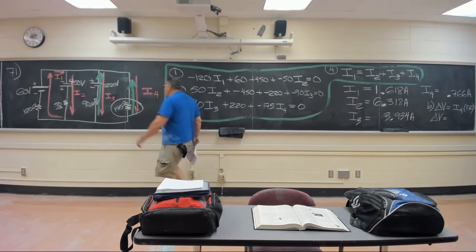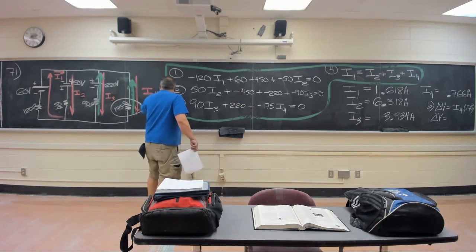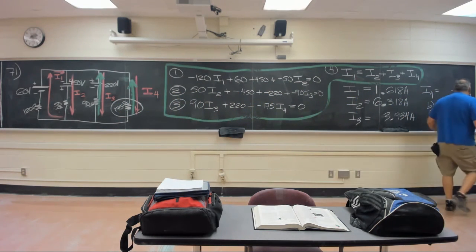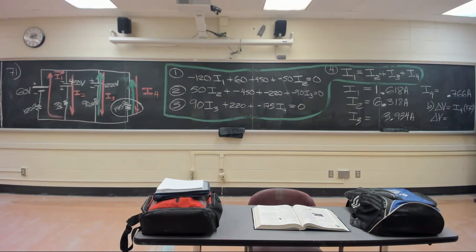It's going to be 175 times I4, which is this, 0.766. This is about 3/4. You can go that way when you want to do something like that, you guys. So 3/4 of that is going to be somewhere in the ballpark of 134, 135, and they got here 134.05.